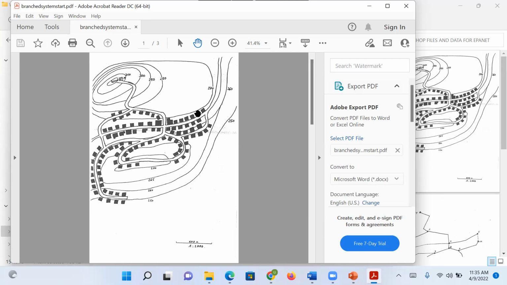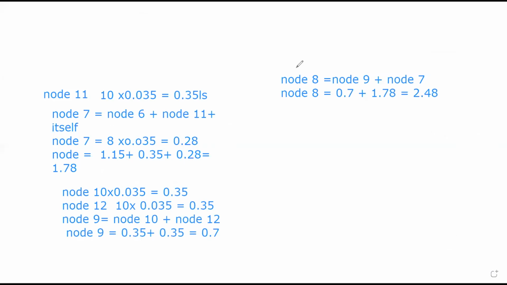So 15 houses for node 5. 15 times 0.035, 0.52.